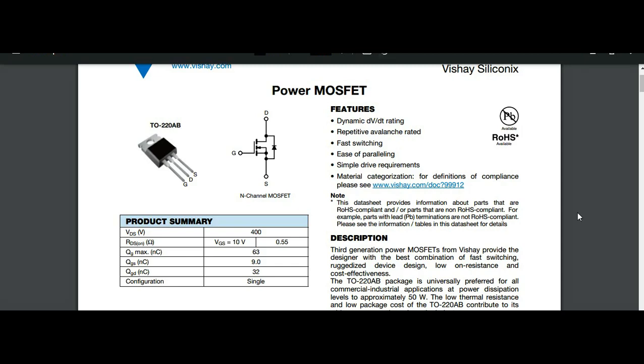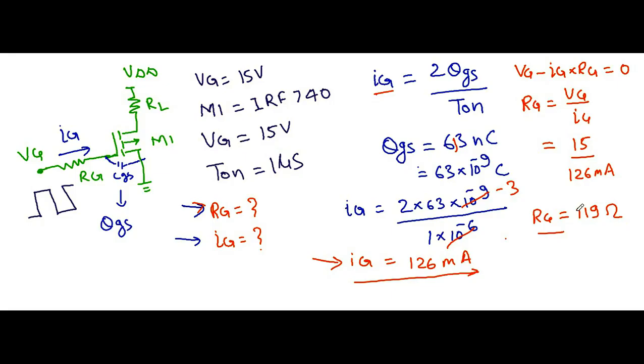So I took the same value, 63 into 10 to the power minus 9 coulomb, and you can put this value in the formula. So IG equals 2 times 63 into 10 to the power minus 9 divided by 1 microsecond T on time, and if you calculate, you will get your IG, which is 126 milliampere.